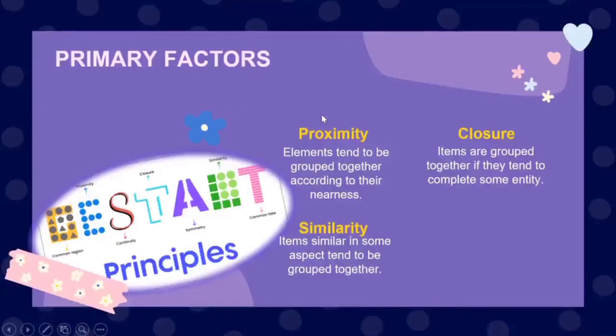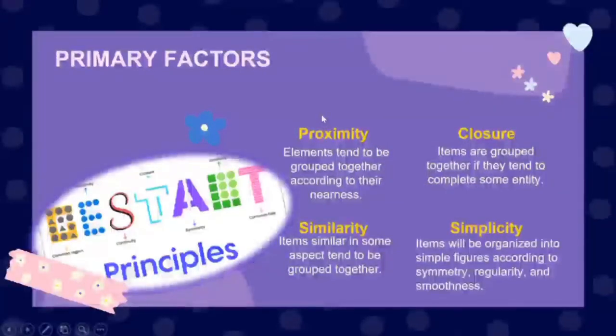So the last primary factor is simplicity. Items will be organized into simple figures according to symmetry, regularity, and smoothness. For example, in hotels, which are mostly fancy, the couches and sofas are very detailed, even made of gold.